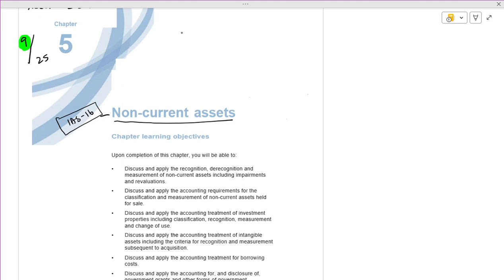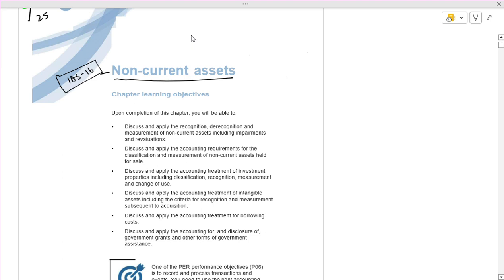Now we will go through the nitty-gritty things involved in IAS 16 non-current assets. There are six specific points and many things involved. This lecture is very big, so it will be in two or three parts and take a little more time.